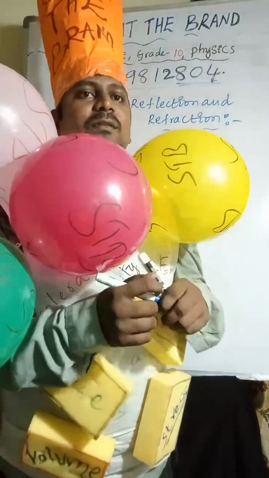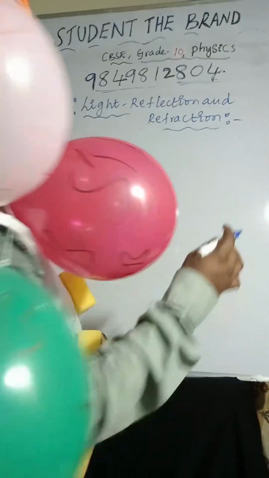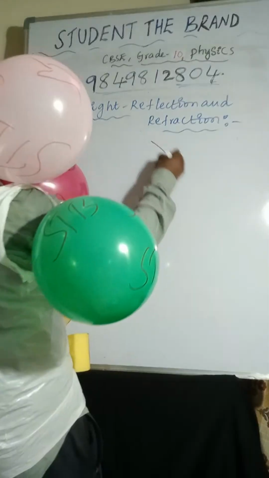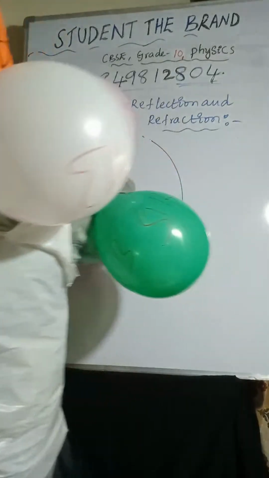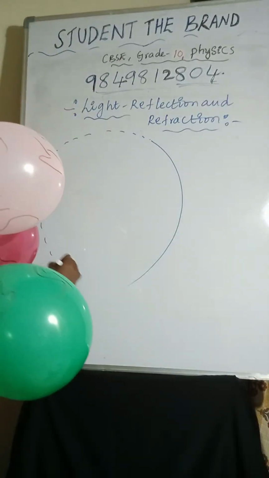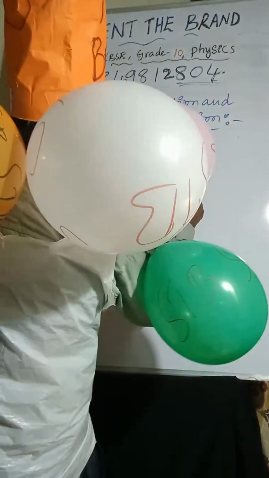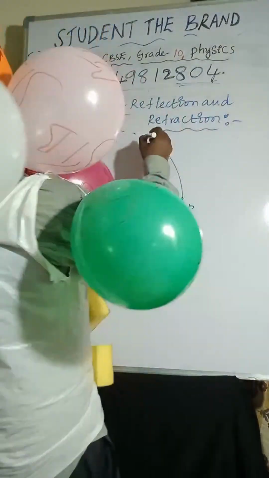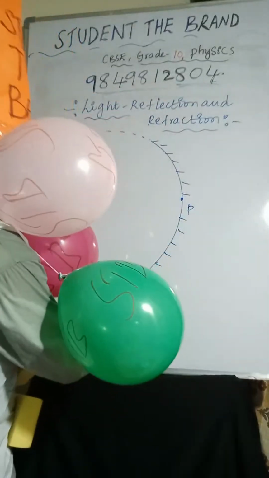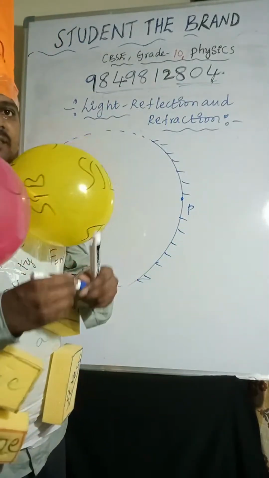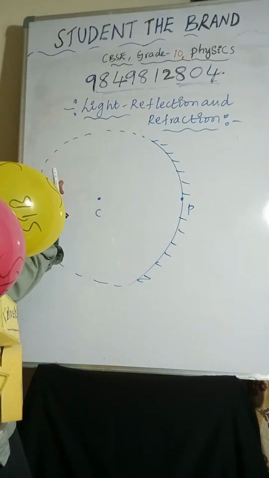So actually C is the center of the imaginary sphere of which the mirror is a part.